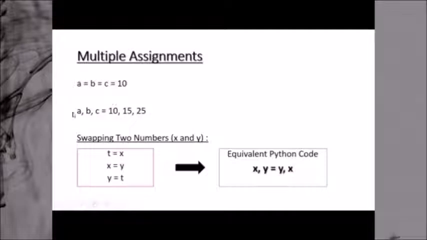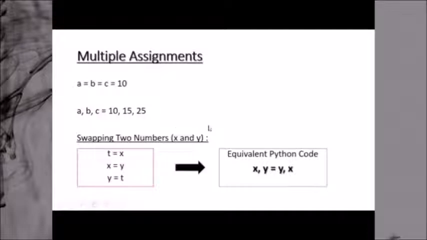Okay. Now we have a very common task, that is swapping of two numbers. Usually if there are two variables, say x and y, and we want to interchange the values of x and y with each other, like say x is 10, y is 20, then x becomes 20 and y becomes 10. That is, the values are interchanged.